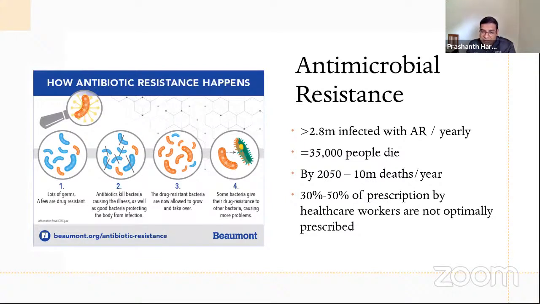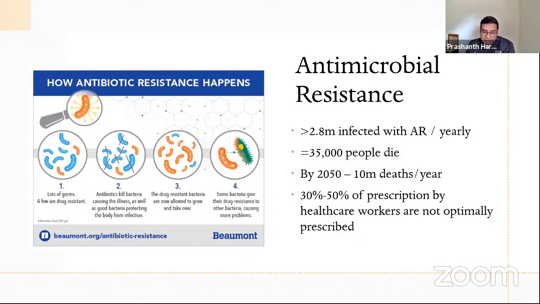If you look at why certain patients do not recover from a situation that another patient, much less exposed to the antibiotic, recovered from, this could be the reason. The alarming status is that by 2050 they are anticipating close to 10 million deaths. That's only a projected number, and hopefully we don't get to that. 10 million deaths just from antibiotic resistance.